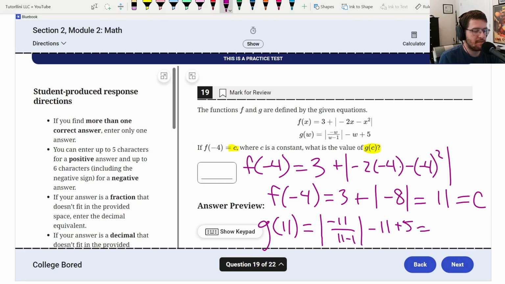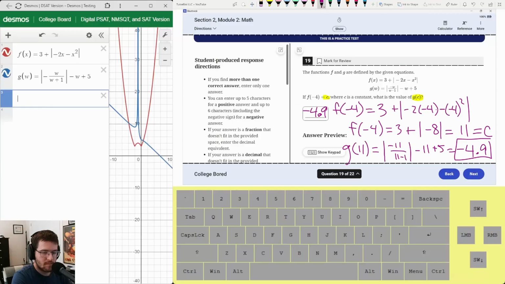Negative 11 over 10 is negative 1.1. The absolute value is 1.1. 1.1 minus 11 plus 5 is negative 4.9. And that is the answer. I think this one would have been way easier to do on Desmos. So let's go do that.